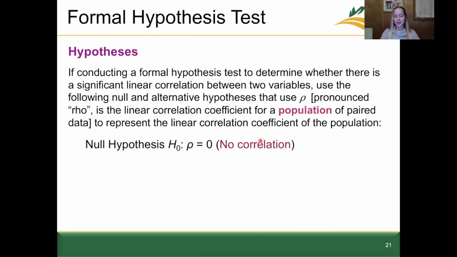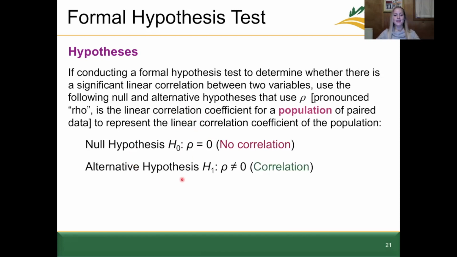So for our null hypothesis, it's that rho is equal to 0. Therefore, we have no correlation. From this null hypothesis that contains an equal sign, can you then figure out what our alternative hypothesis would be? So the null hypothesis, rho is equal to 0. Then our alternative hypothesis is that rho is not equal to 0, that is, anything other than 0.